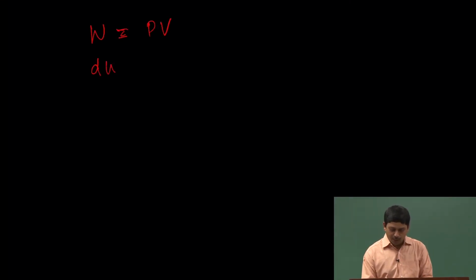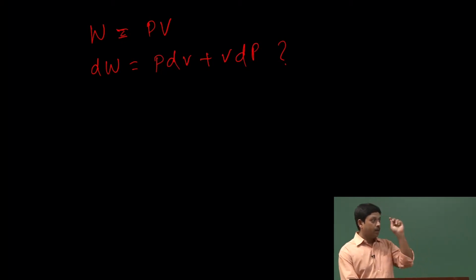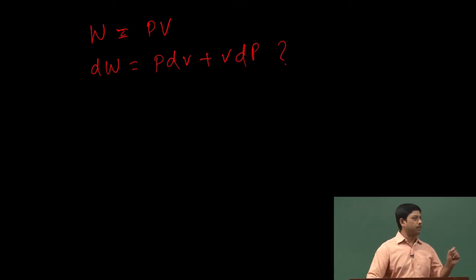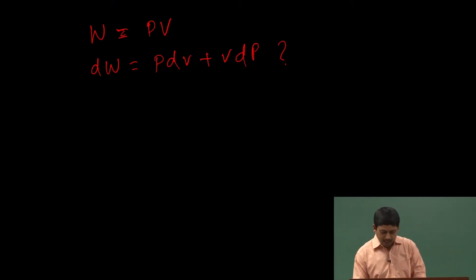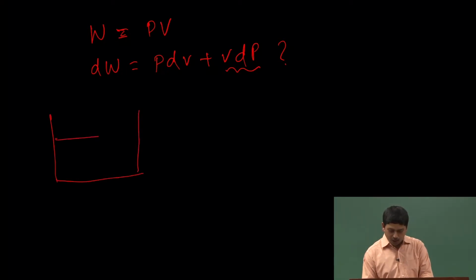Now if I do dW, should it be PdV plus VdP? Do you think it should be like that? Except there is one problem here. When I say VdP, that means I am allowing the pressure to change. But imagine what the situation was.